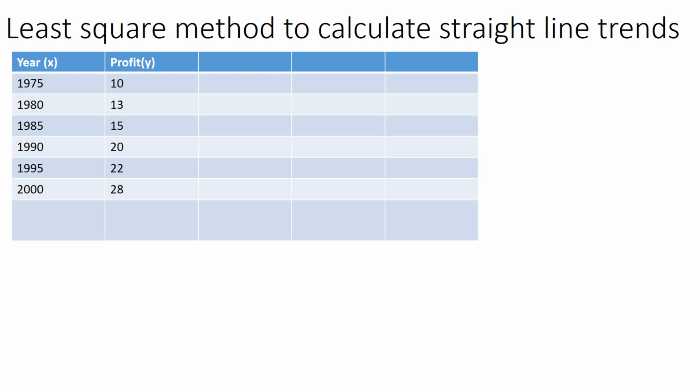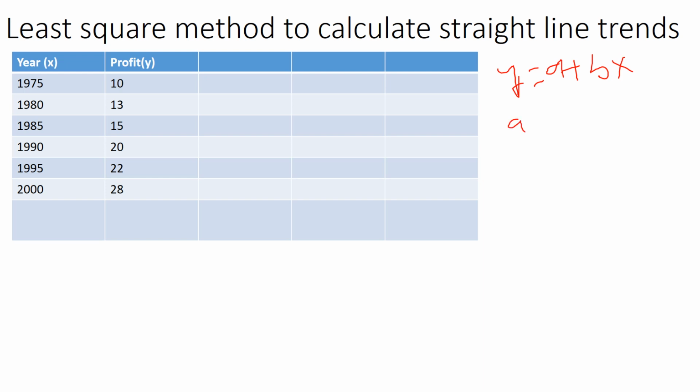And for us to be able to use this method, we need to get the equation that we are going to use, and the equation to use will always be given by y is equivalent to a plus bx. And how can we get the value of a?